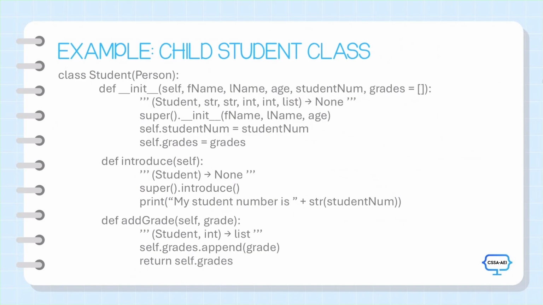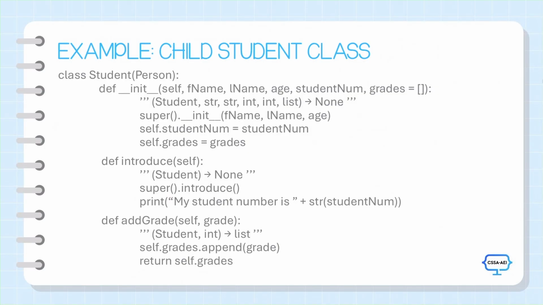Then they have a method where they call the introduce function from their superclass. They introduce themselves as a person, and then they also add things that are specific to them. So they'll say my student number is blah, blah, blah. We also have a new method, which is grade, where we can add grades to our array.